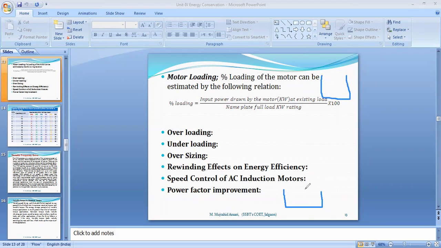We want to pump the fluid at some particular discharge level. It is done with the help of motors. Say this centrifugal pump is mounted over here, and it is a 20 HP motor, or 20 HP pump.